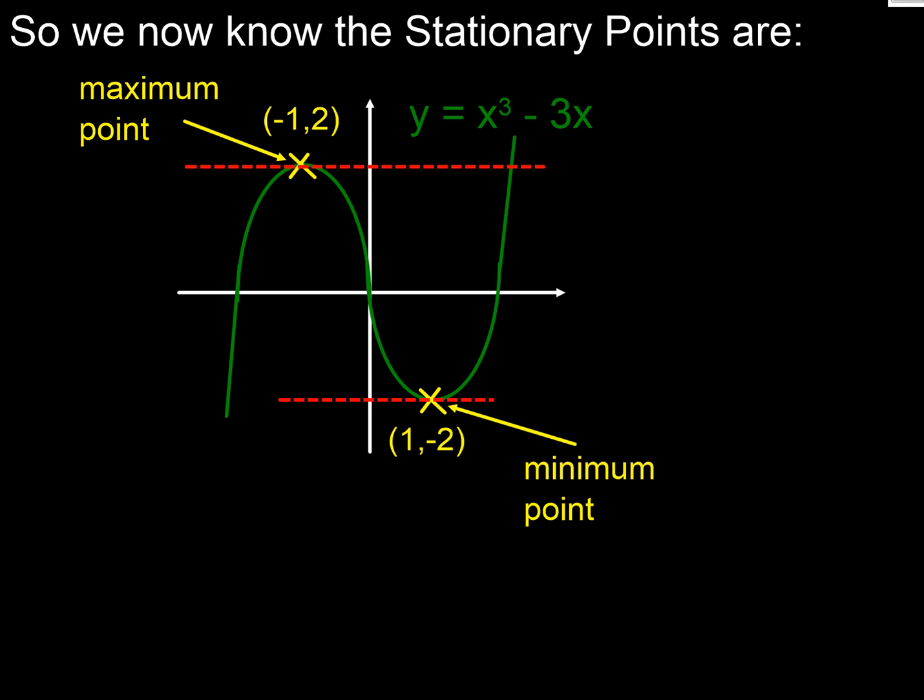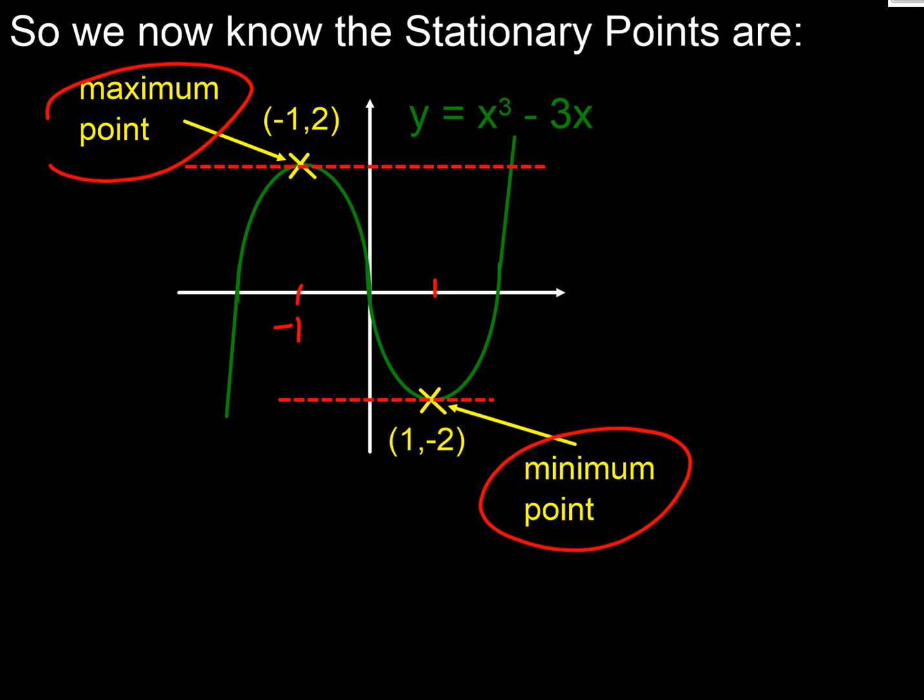So let's incorporate that in our diagram. We found that we have a maximum point on the left hand side, and we know that x is -1 at this point, and we can find that y is 2, therefore the coordinates are -1, 2. And on the right hand side we have a minimum point.